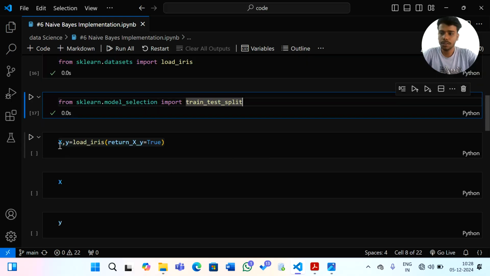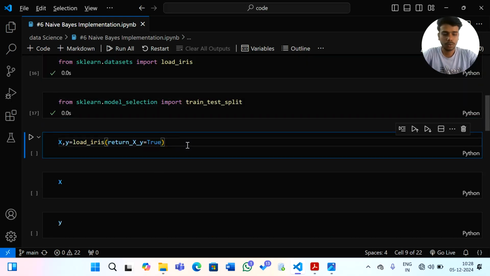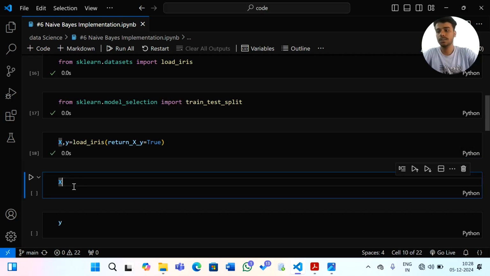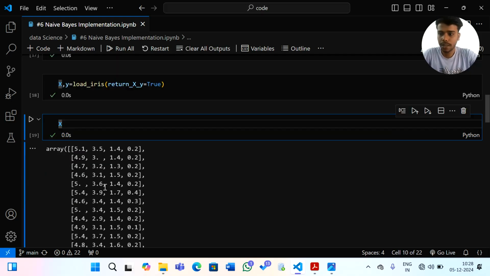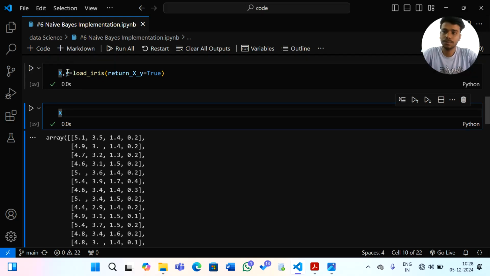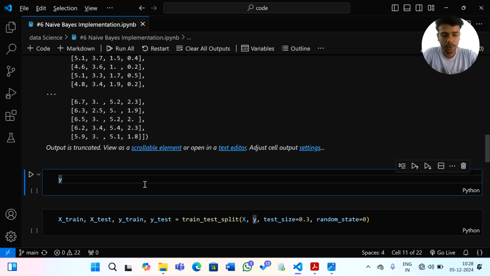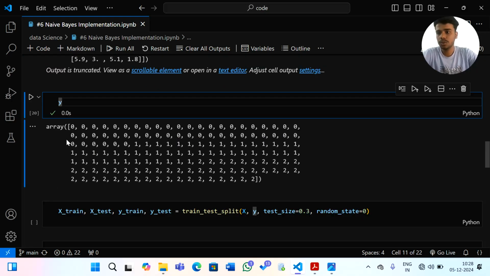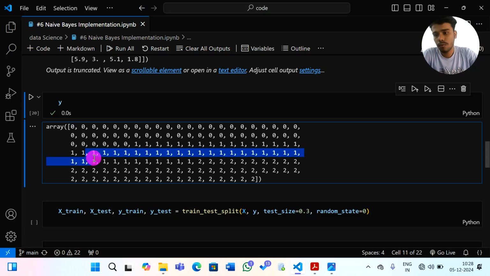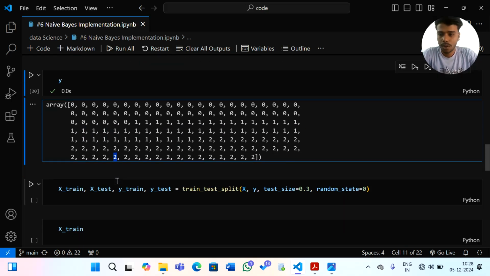Now I load the data into X and Y features. Let's look at the data. The X features have 4 features, and there is the output class. How many output classes are there? We have 0, 1 and 2, so a total of 3 output classes.